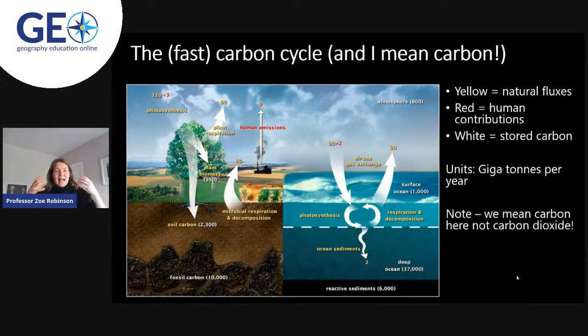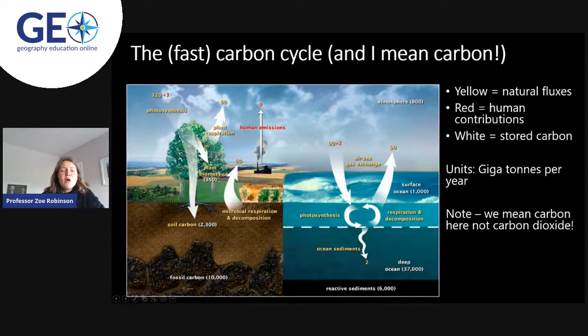And so, as geographers, we're really good at thinking about systems and how different things interact within a system. And thinking about the carbon system or the carbon cycle is a really key part of how our understanding as geographers can help us understand both the problems of climate change and maybe also the solutions as well.